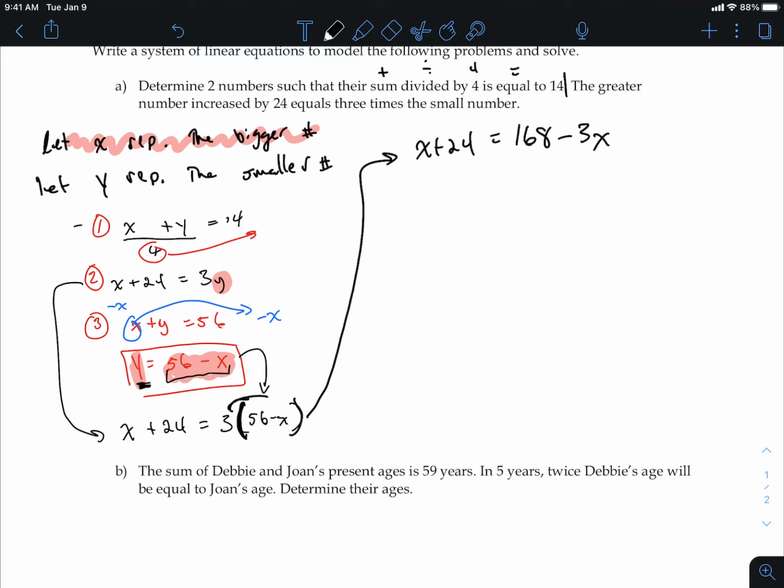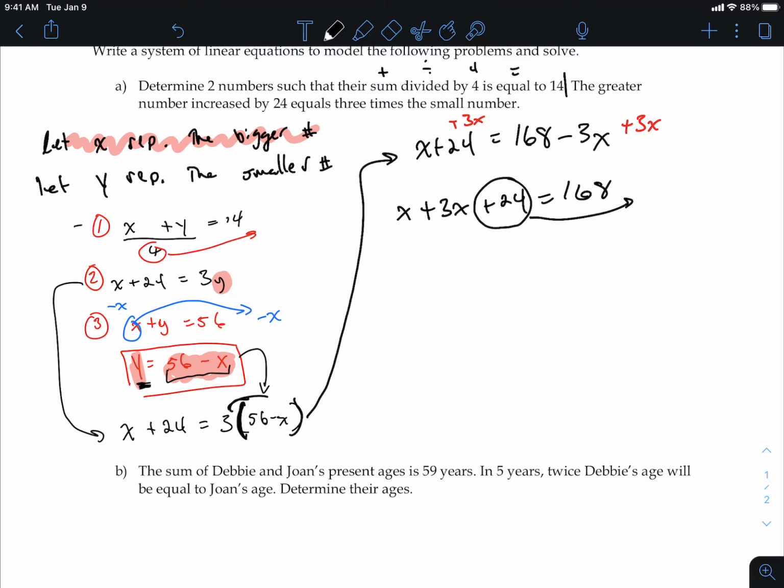So I'm going to take the 3x and I'm going to move it over. Okay, and in order to do that, I have to add 3x to both sides, right? So in the next step here, you're going to have x plus 3x plus 24 is equal to 168. And then I see I could take the 24 and move it over.